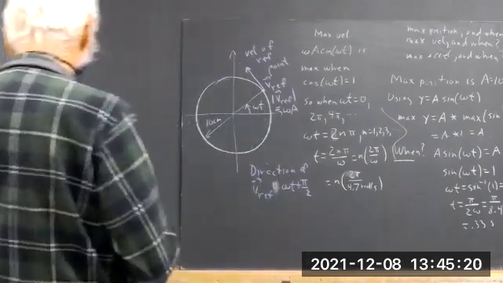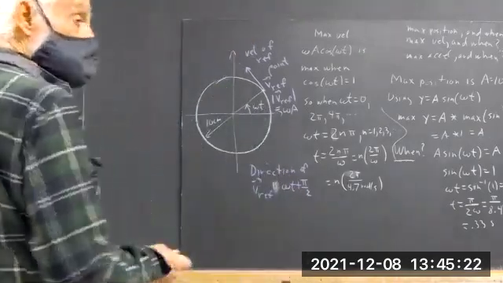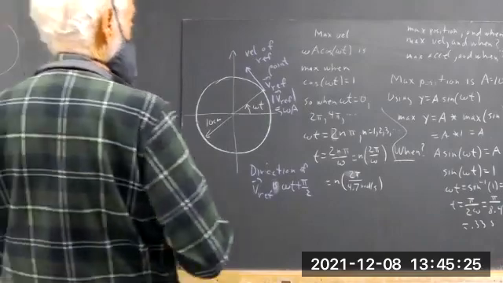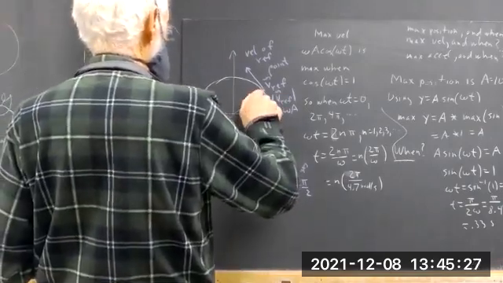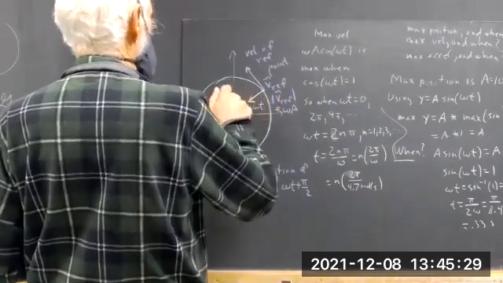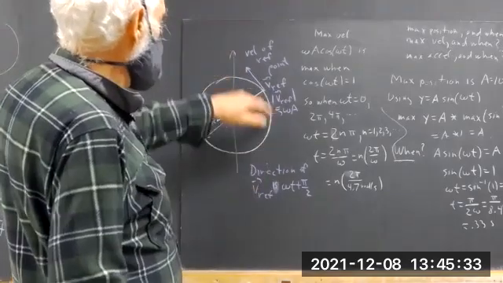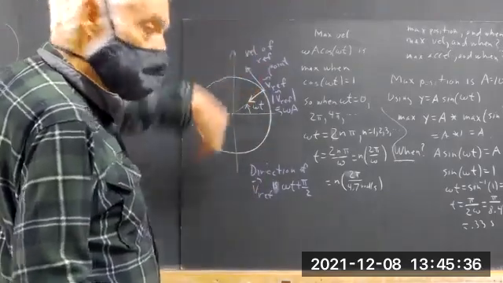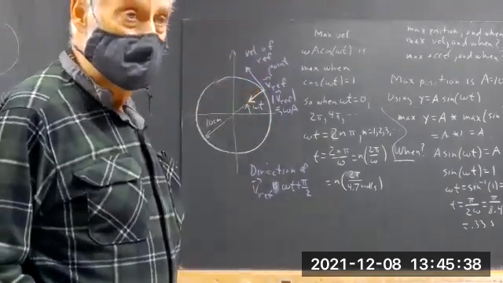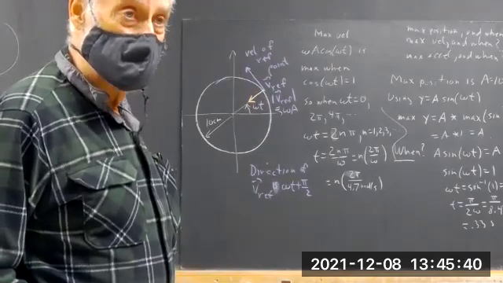Also, we have our acceleration. Moving at a constant speed on the circle, so the acceleration is toward the center.